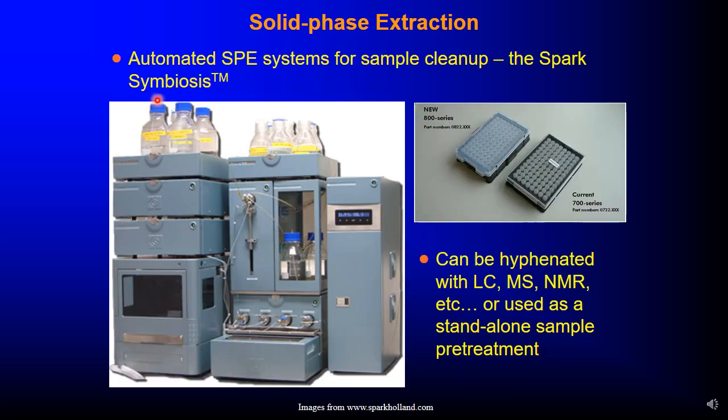You can see an automated solid phase extraction system for sample cleanup. It can be hyphenated with liquid chromatography, mass spectrometry, or nuclear magnetic resonance, or used as a standalone sample pretreatment.